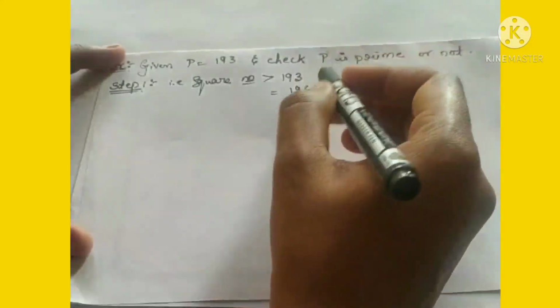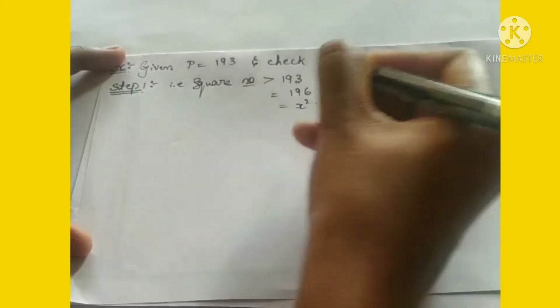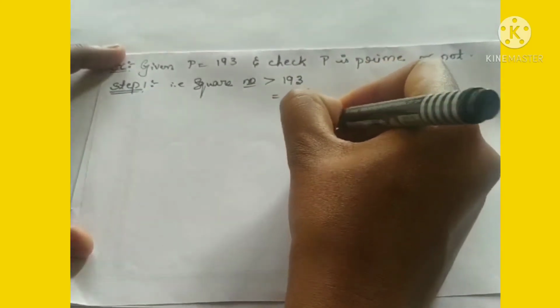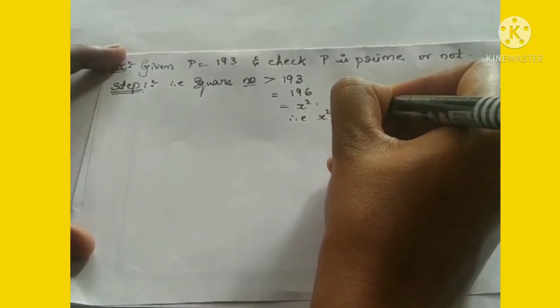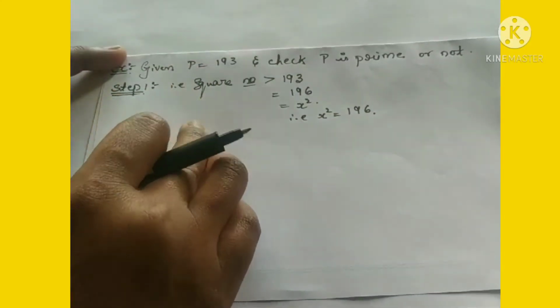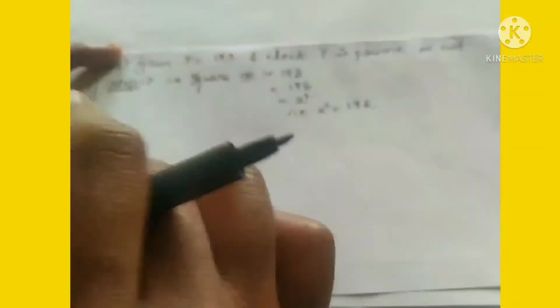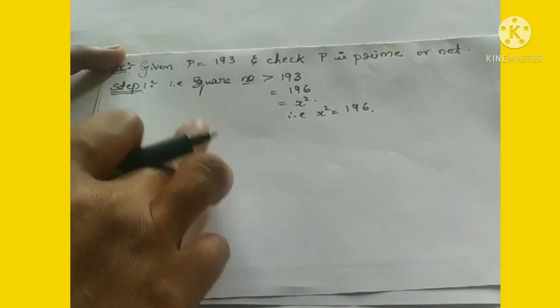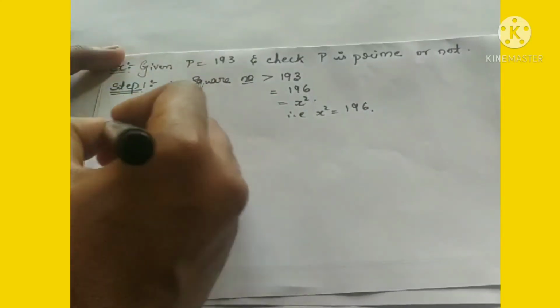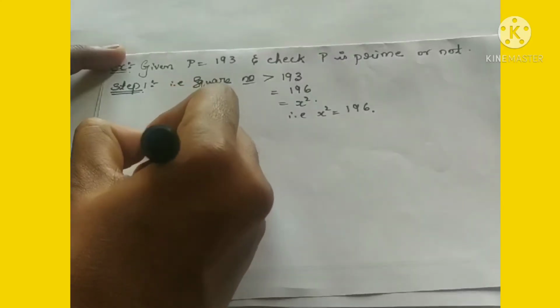Now I name this 196 as x square. That is x square is equal to 196. This I wrote with the help of step number 1. If you want, you can read step number 1 once again. Next step number 2.